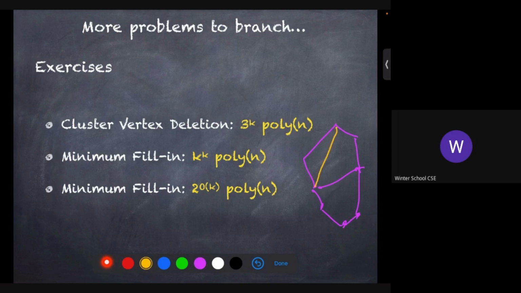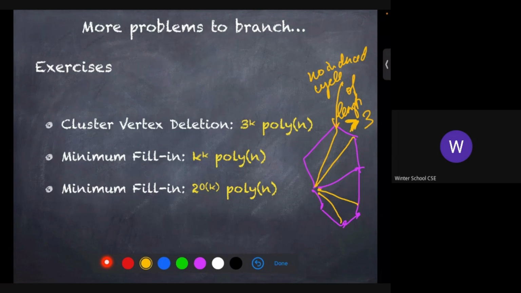I add edges such that after I add all these edges, there's no induced cycle of length more than 3. So I'm asking if I can add at most k edges to the graph such that the result will contain no induced cycle of length more than 3.